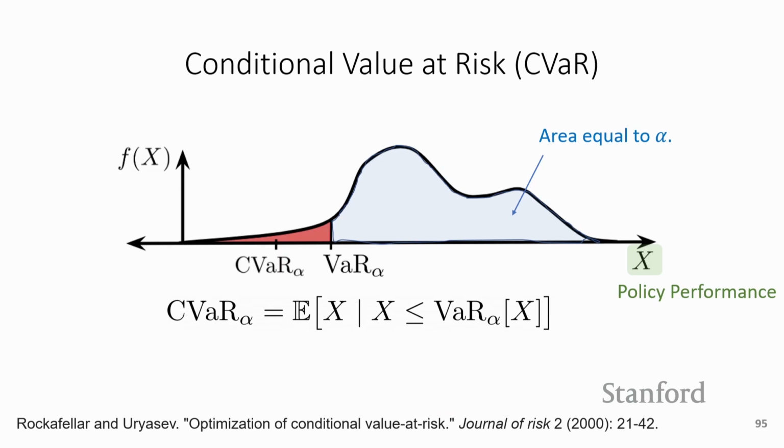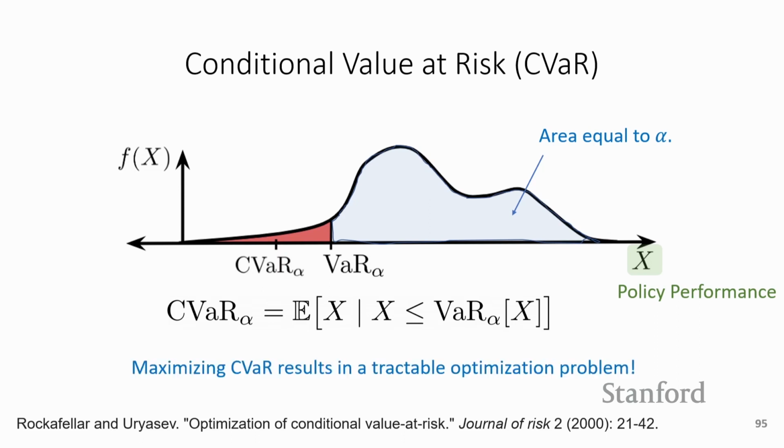We're going to condition on being in this tail of the distribution, this red shaded portion, and say, given that I'm in the 5% worst case outcomes, what do I expect to happen? So we're looking at this expectation. How bad is my performance going to be in expectation, given that it's the 5% worst case? And what's cool now is maximizing CVaR ends up being a very tractable optimization problem.